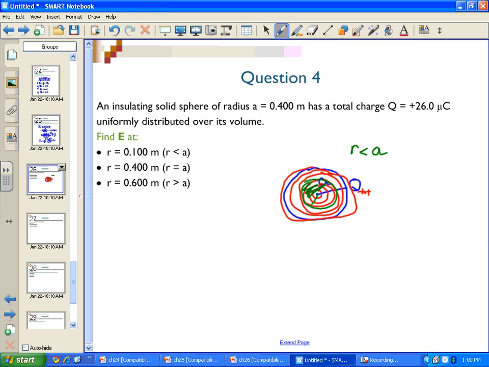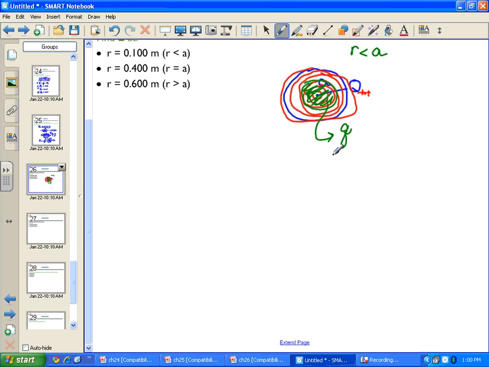And so here we are concerned with what charge is inside our Gaussian surface. Well, it's not going to be big Q because the charge grows up to the maximum of big Q when we get to the surface.